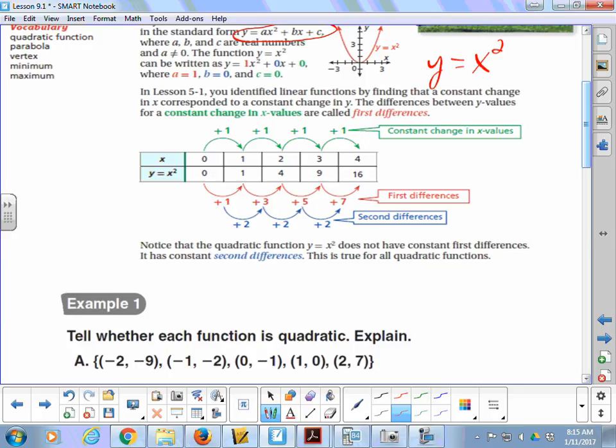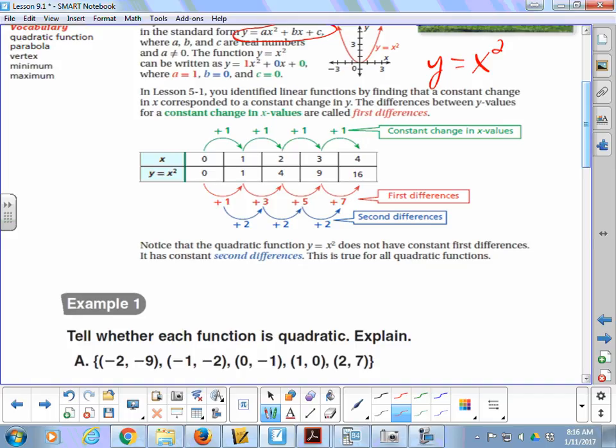When we were doing linear models earlier in Algebra 1, we found that if all the x values changed by a constant, and all the y values changed by a constant, those were linear. If we subtract each pair of these, the first differences, we get a constant number.